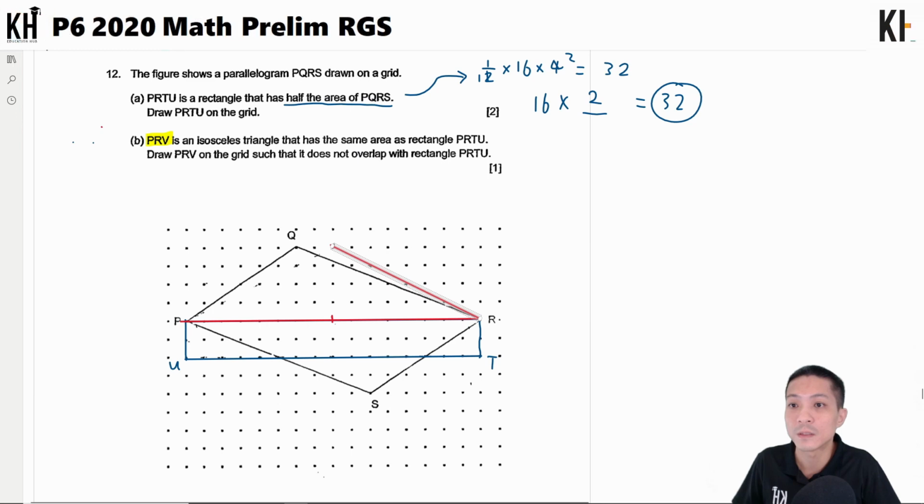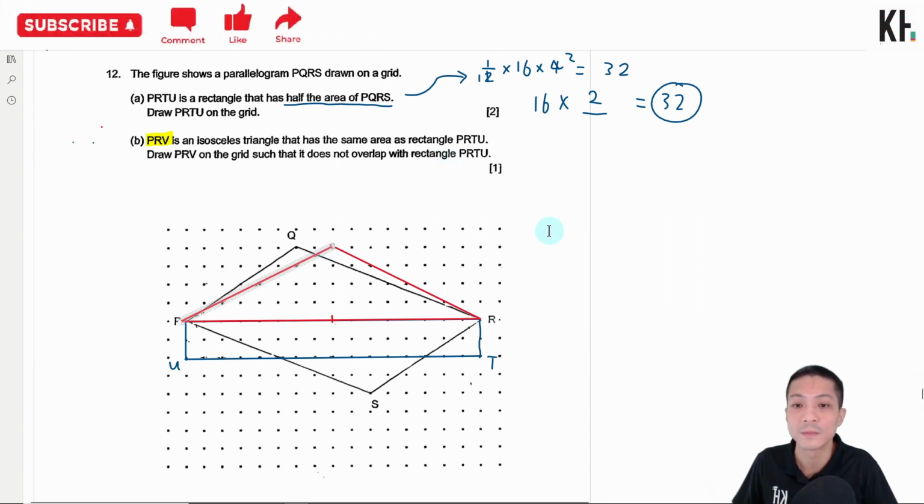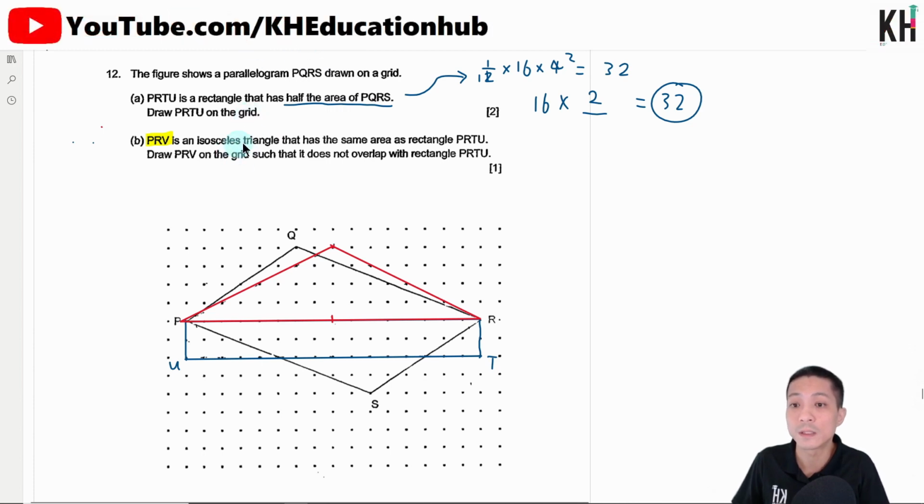Then after that, I'll draw another line from here to here. So this isosceles triangle PRB will be here.